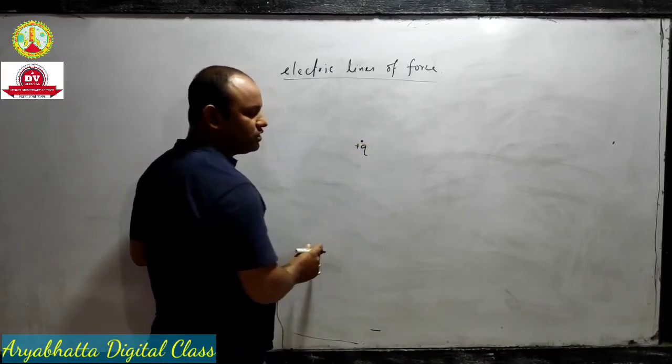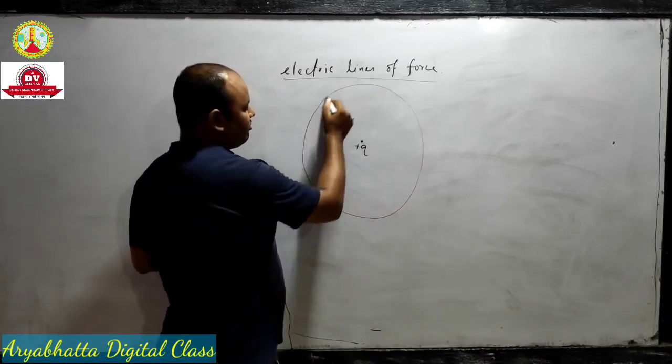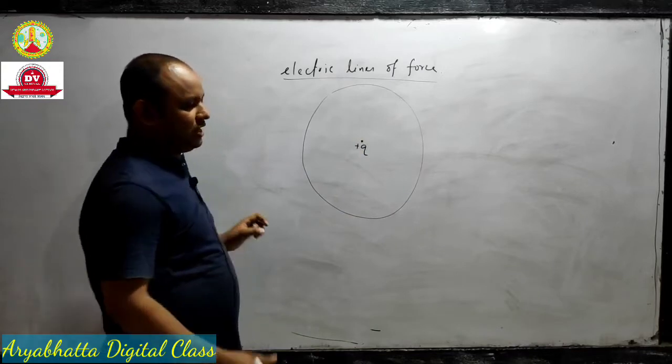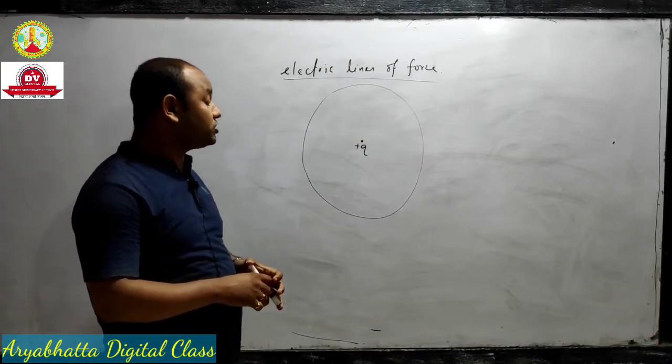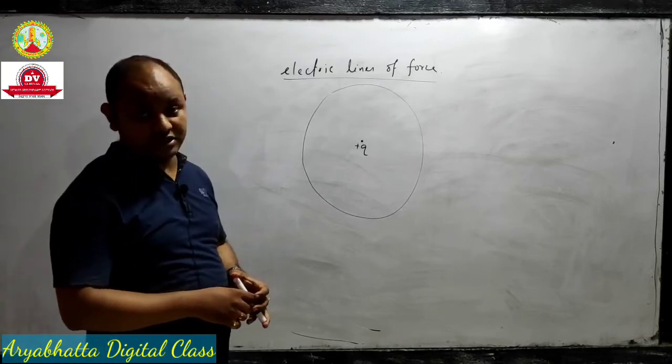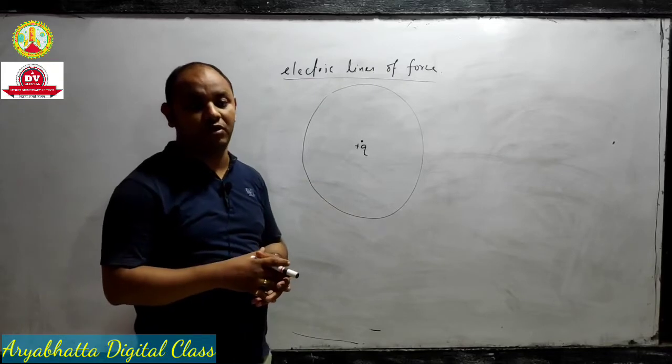Q is a point source, and this is the electric field of that point source. Electric field means the region surrounding the point source in which it can exert some appreciable amount of force.